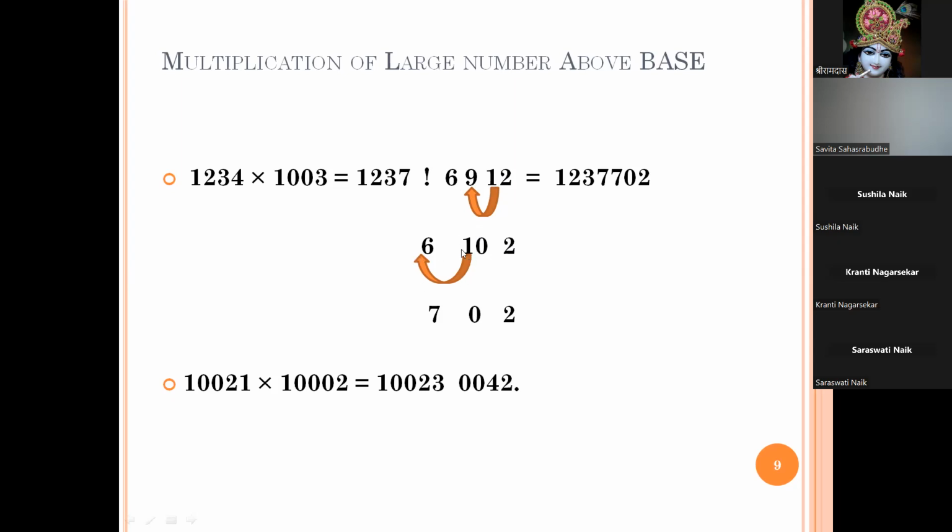Or, I can give you a mathematical explanation. What is the value of 6? The value of 6 is 600. The value of 9 is 90. So I add 600 plus 90 plus 12. Ultimately, it comes to 702.